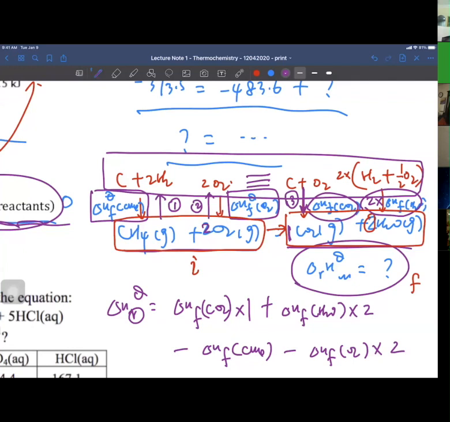So the overall process will be 1 plus 2 plus 3, but 1 and 2 are exactly the opposite direction of the formation, right? And the third reaction is the formation, right? So this is why you use products minus reactants.